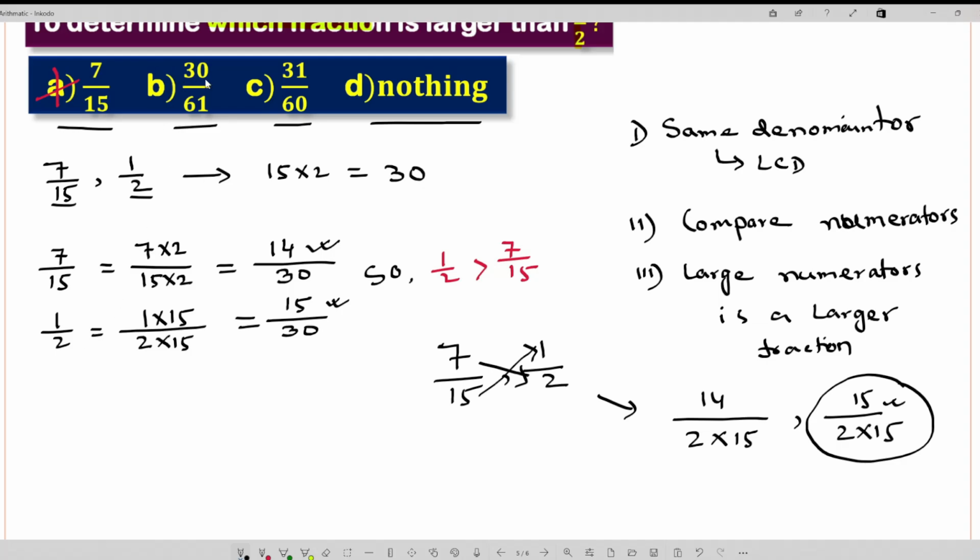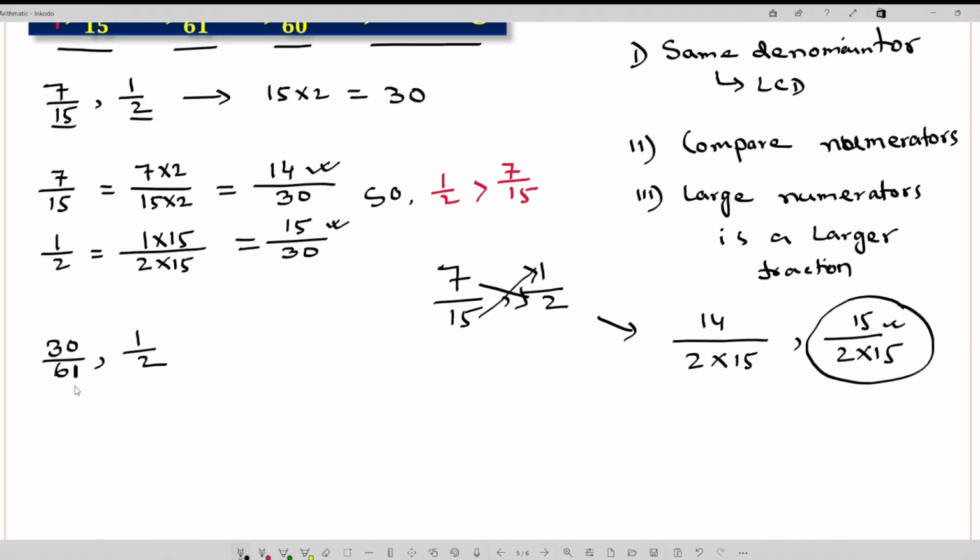So the next comparison is 30 by 61, and we will compare with 1 by 2. Okay, so here also both are different.